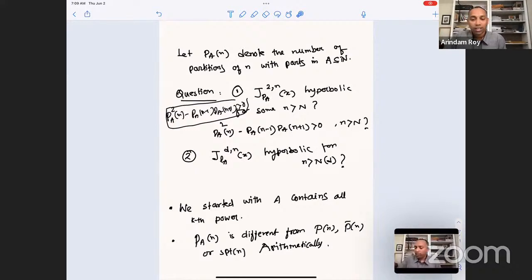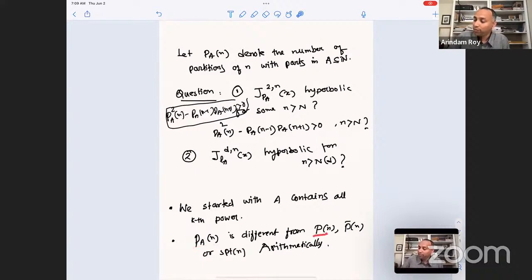Now, one can ask why we just choose A containing only kth powers, not other things. There is an interesting fact. If you choose A containing all kth powers, that means you're looking at the partition P_A(n), where the parts are just kth powers. So this is different from the previous three partitions I gave you in the example.